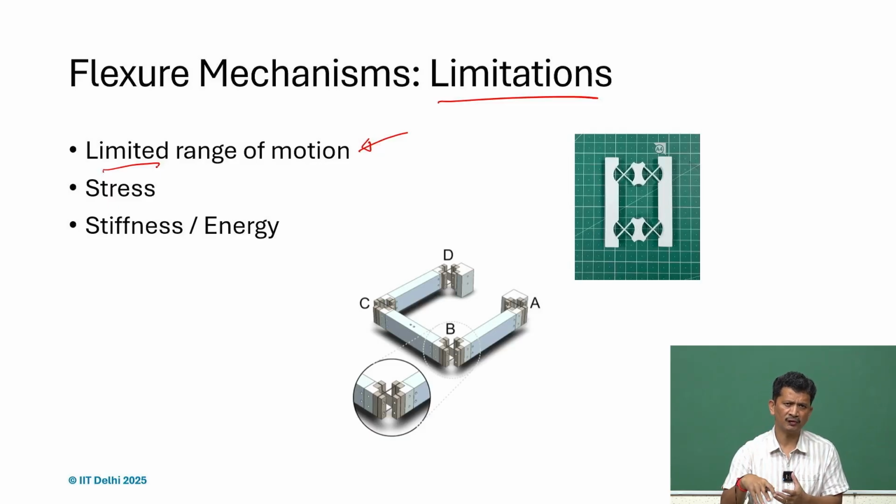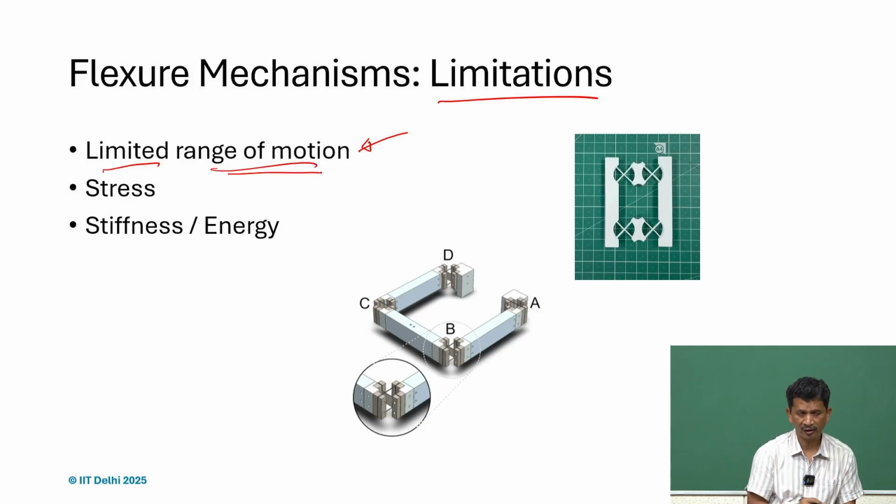So these things can be built on top of that. We can have a coarse motion with the conventional design, and at the end we can have these compliant mechanisms or flexures to do the final adjustment or alignment. So the limitation is that the range of motion is limited.